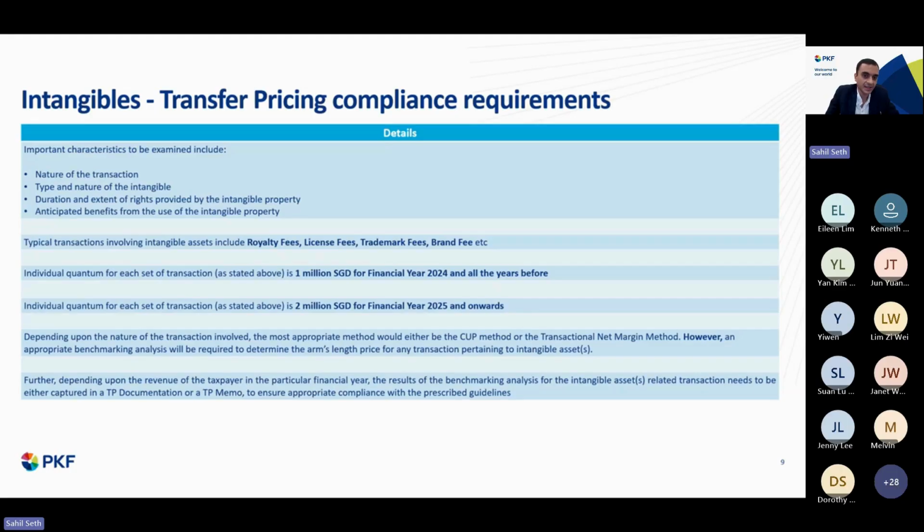So the benchmarking and the documentation is critical, and agreements also do a lot of assistance when there are any potential queries, and to ensure compliance, right?